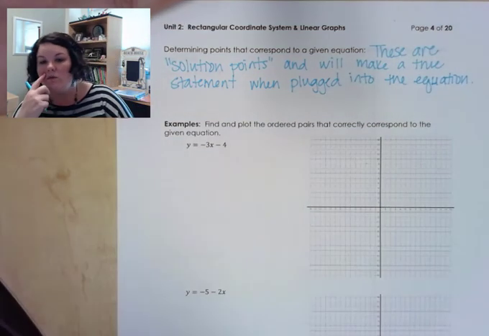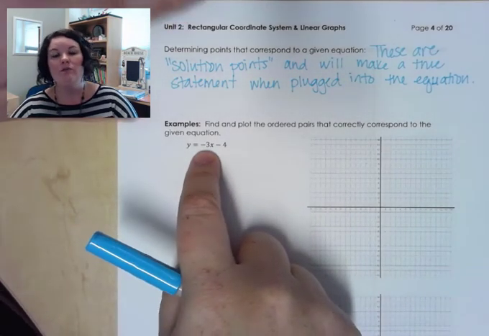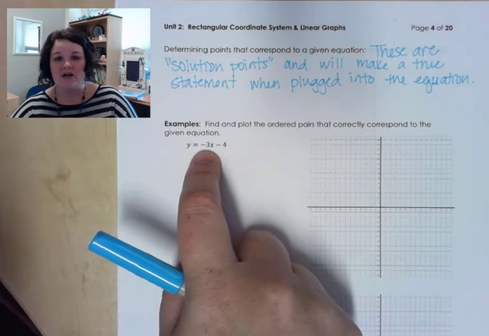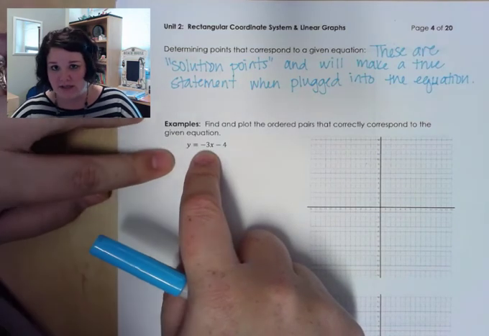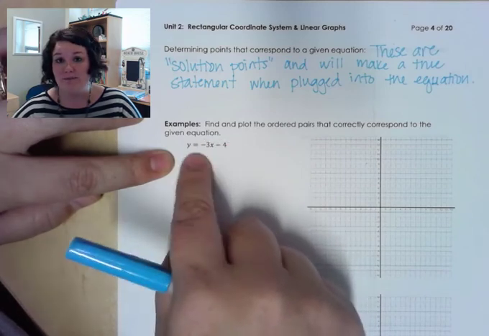Okay, so in other words, if we're given any equation, we want to know, can we find different little ordered pairs that are solution points to the equation, or the line that this equation would make, okay?